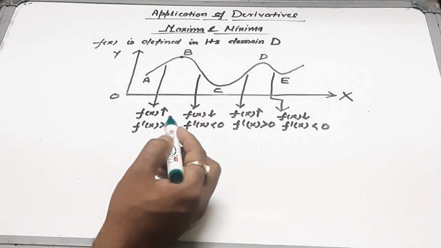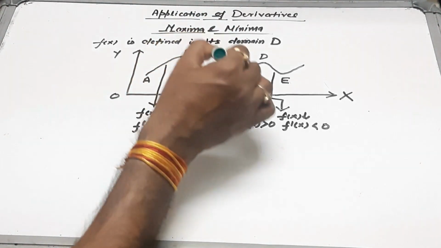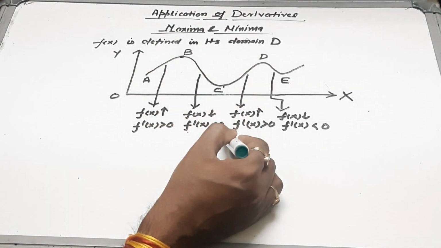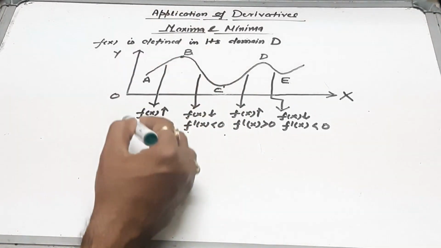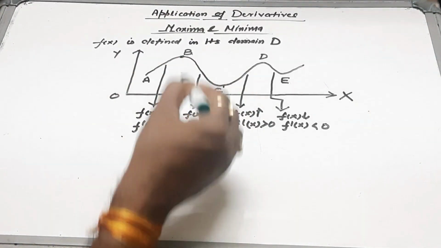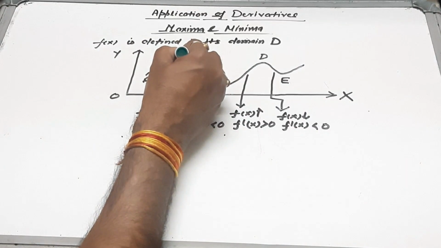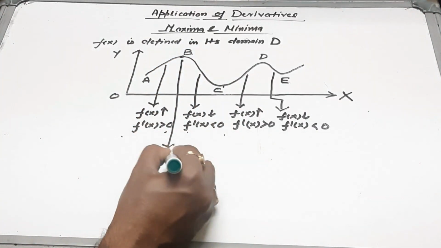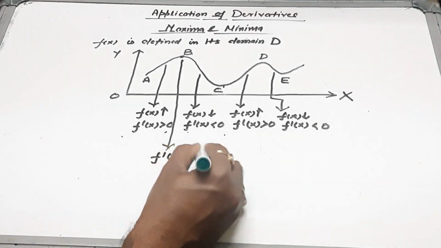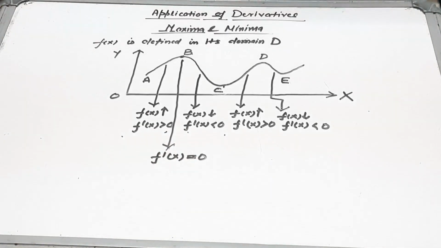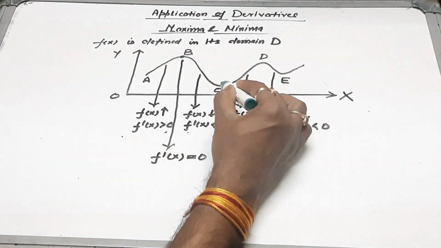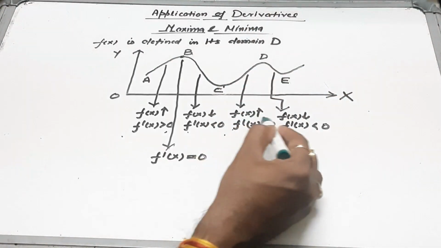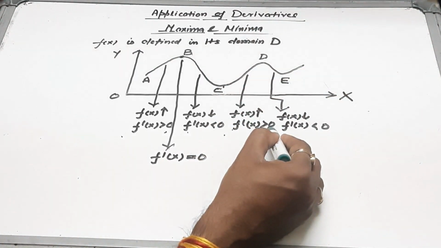Exactly at point B. From B to C, f'(x) is less than 0. From A to B, f'(x) is greater than 0. At point B, f'(x) is equal to 0. Similarly, from C to D, f'(x) is greater than 0.